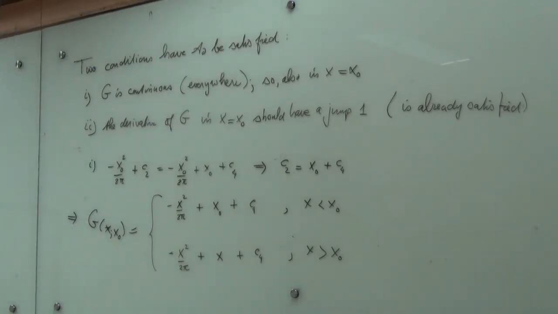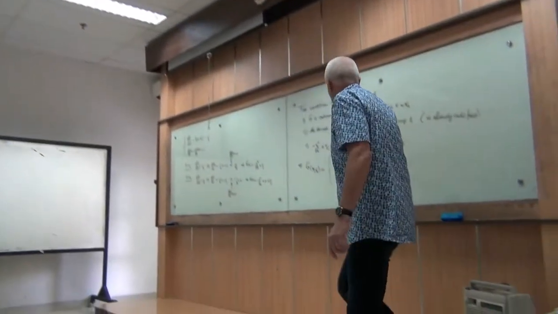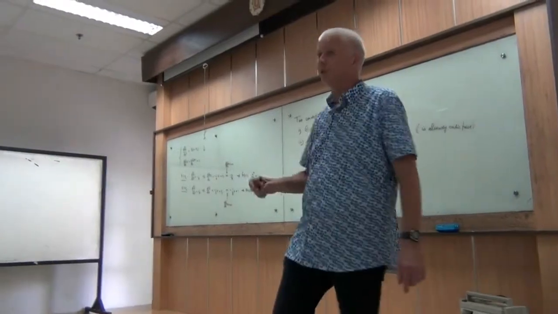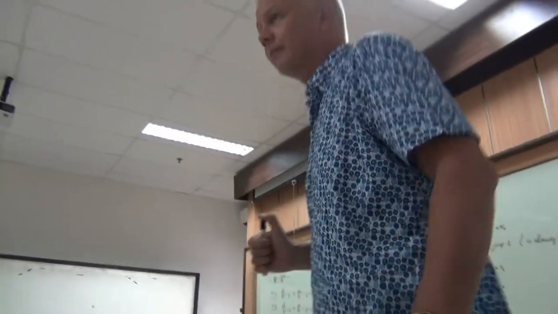We also know that if lambda is 0 is not an eigenvalue, then we have also that nice property that the Green's function is symmetric. So if we interchange x and x0, we will get the same formula. Well, here we still have some freedom. The question is, can we make also this Green's function symmetric?